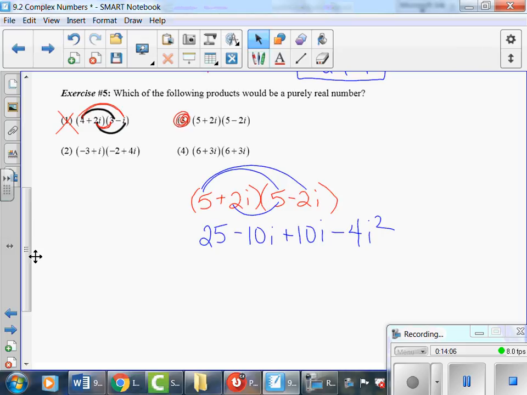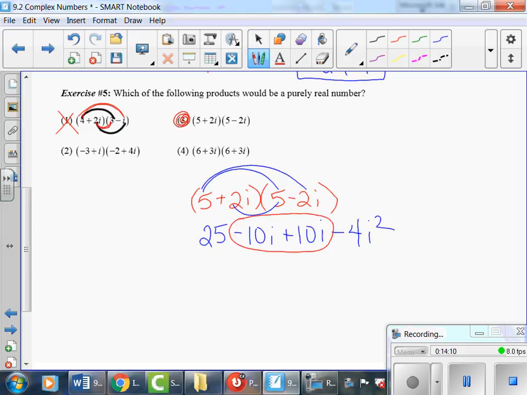So if you notice right here, our middle terms, which are going to be our imaginary portion, cancel out, just like they do with the difference of two perfect squares. So what we're going to end up with here is 25 plus 4, because I'm going to remind you this is negative 4 times negative 1, which changes my sign to positive 4, which gives me a purely real number.